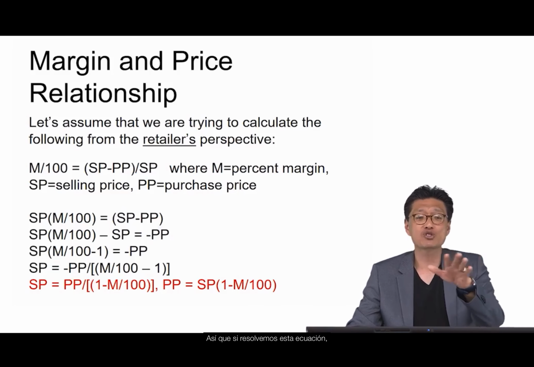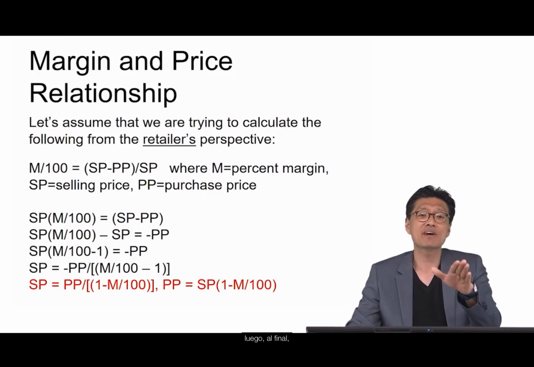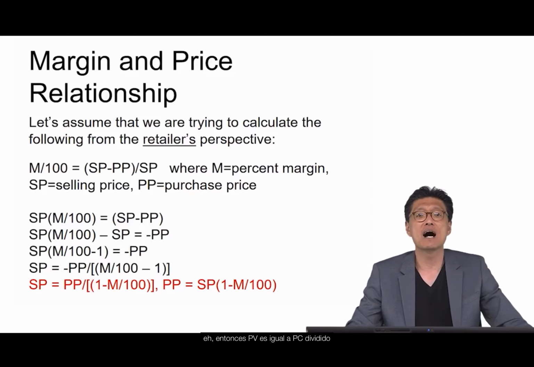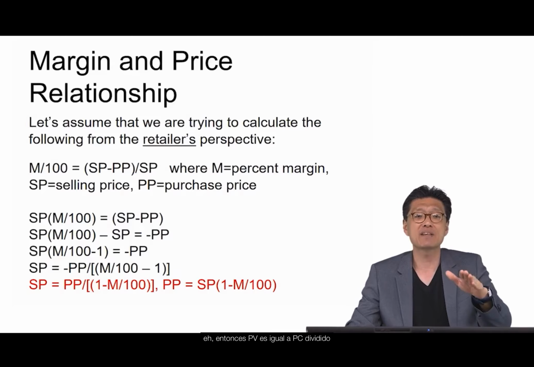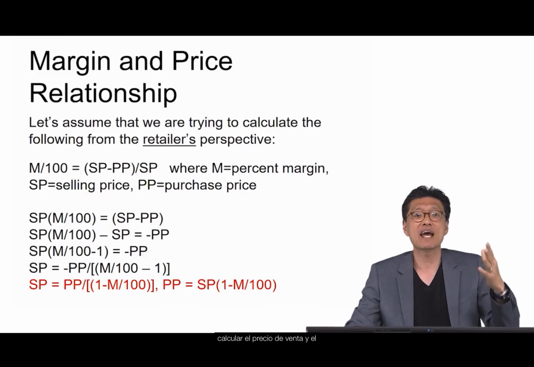If we solve for this equation, you multiply SP on both sides, and at the very end it's pretty self-explanatory. This is very basic algebra. SP then equals PP divided by 1 minus margin. So if you know the margin, you can calculate the selling price and the purchase price.